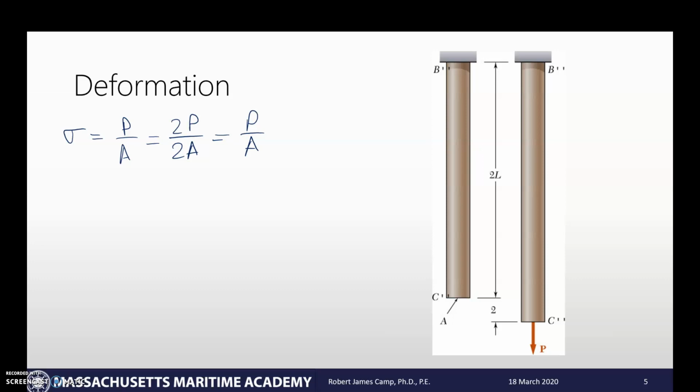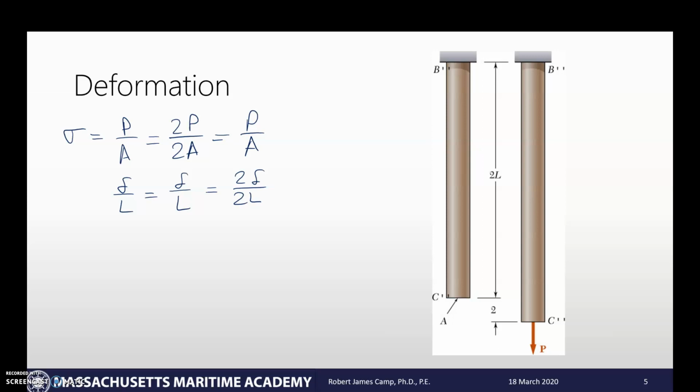In all these cases, there's a ratio between the deformation and the length that's the exact same. In the first one, it's deformation over length. In the second one, it's deformation over length. And the third one, it's twice the deformation over twice the length. So we see this come up a lot, this whole idea of deformation over length.